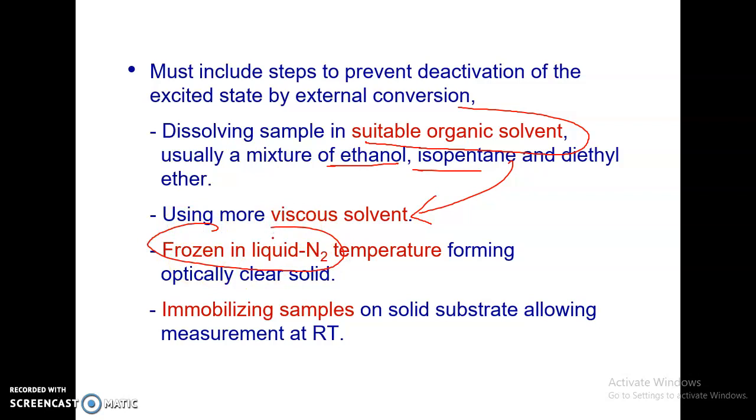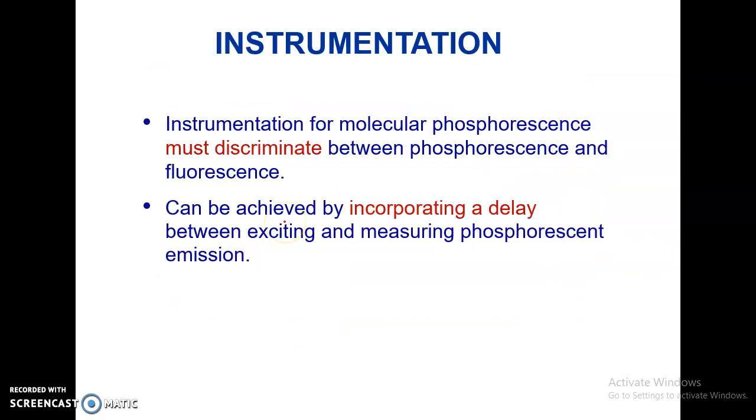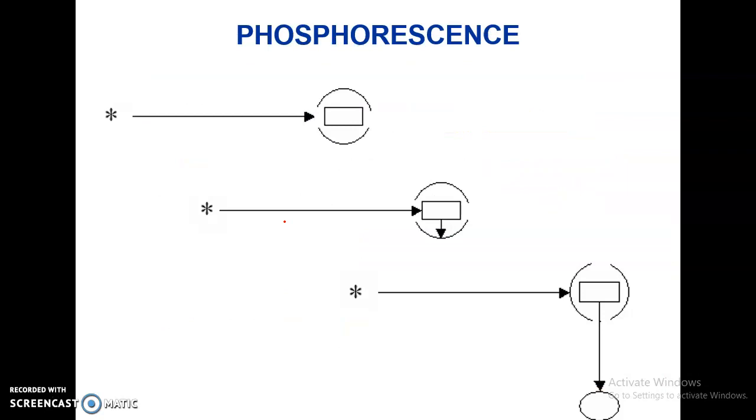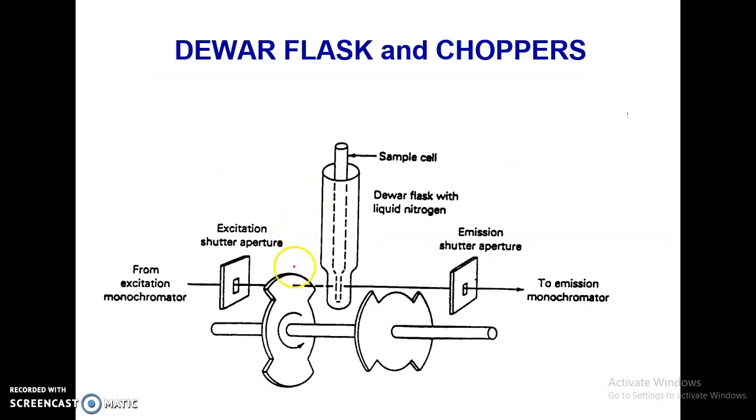In most phosphorimeters, they provide a Dewar flask that contains liquid nitrogen inside it. So you put your sample holder in the liquid nitrogen. So it looks like this. This is the Dewar flask.